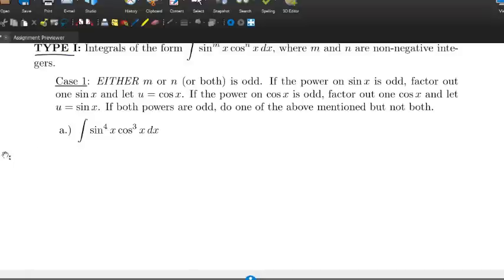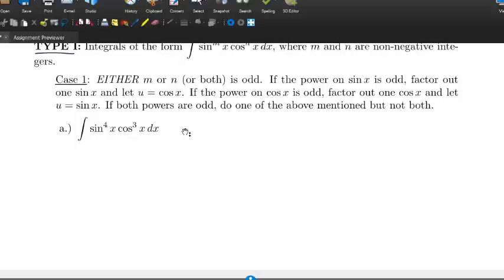So first I will write this integral in the following form. This integral is equal to the integral of sine to the power 4 x times, I'll do the splitting I just talked about, cosine square x times cosine x dx, right?